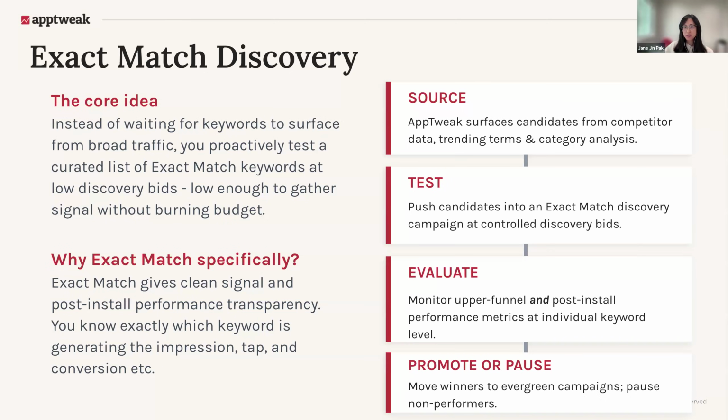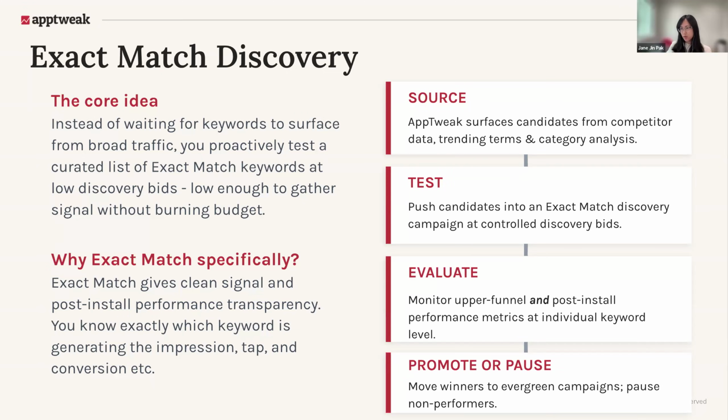All right. So when it comes to exact match discovery, I kind of touched on this in the beginning, but the core idea is to surface keywords that are going to potentially bring in more traffic, right? More payers, more purchases by people who hit certain levels or certain events within your app proactively, right? That's where the exact match discovery tool comes in, because it's going to surface the keywords that you're not already bidding on.